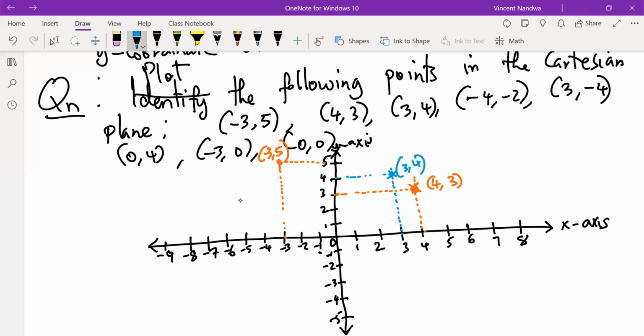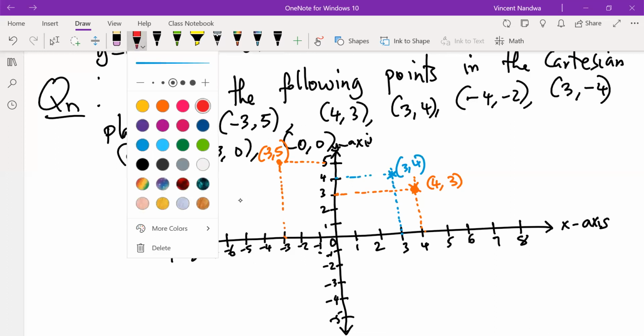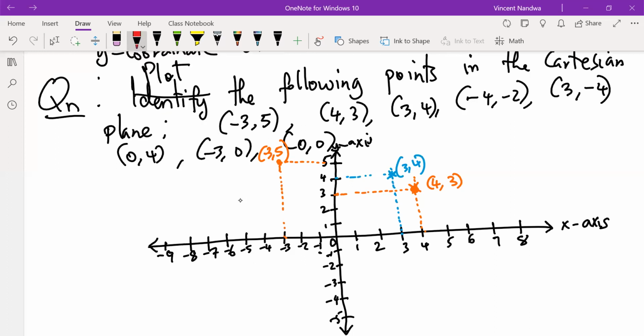And then next point is -4, -2. So -4 along the x-axis, -2 on the y is on the lower axis, so go down. Then -2 horizontal to the x-axis. So this is the point where they meet, the point -4, -2.